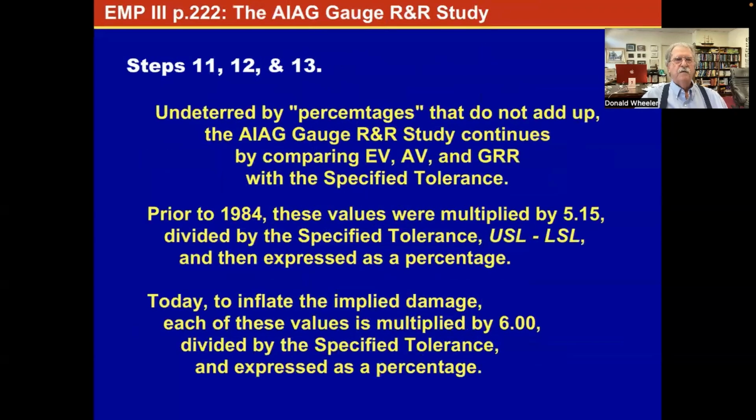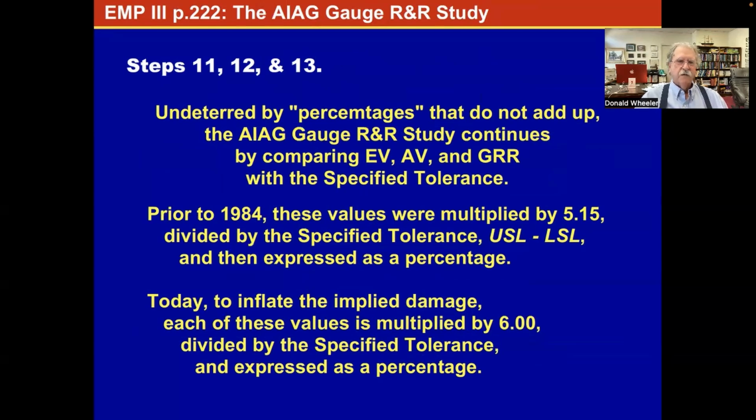Steps 11, 12, and 13. Undeterred by percentages that do not add up, the AIAG gauge R&R study continues by comparing equipment variation, appraiser variation, and combined R&R with the specified tolerance.